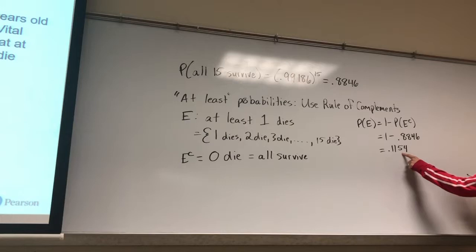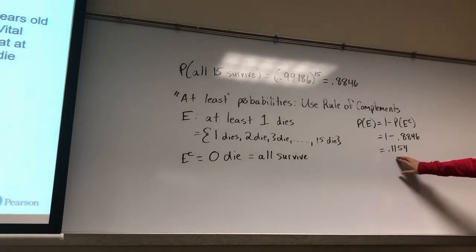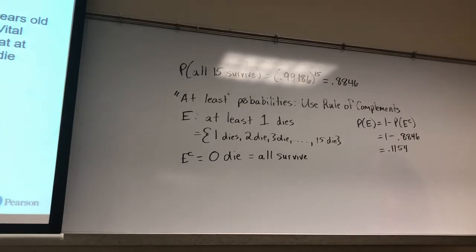All right, so the probability that at least one of these 15 people dies is going to be about 11.5%. So that's how you'll use those ones with the rule of complements.